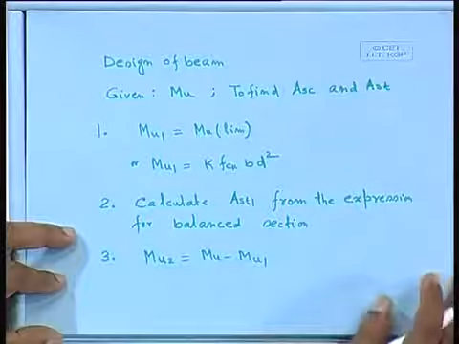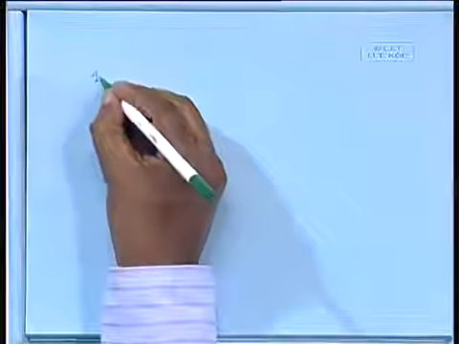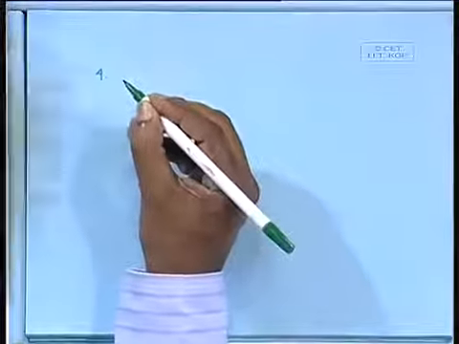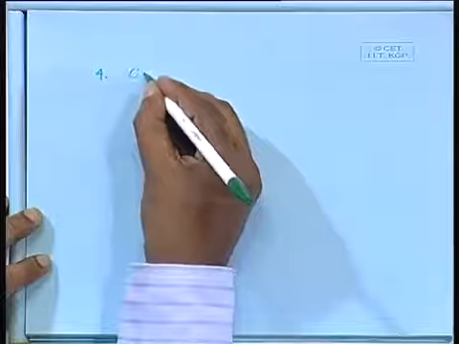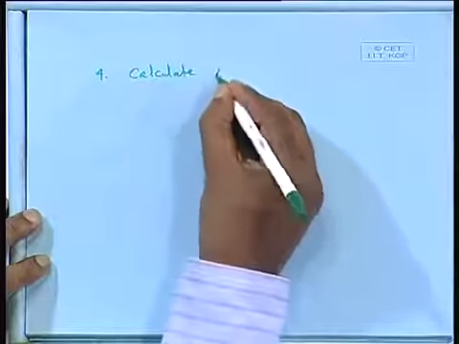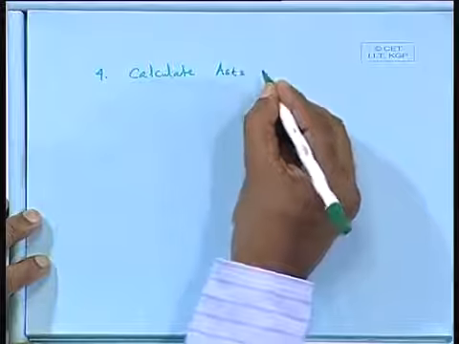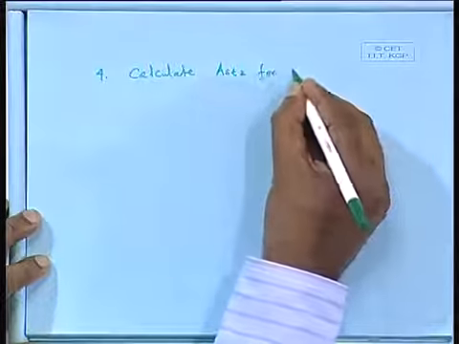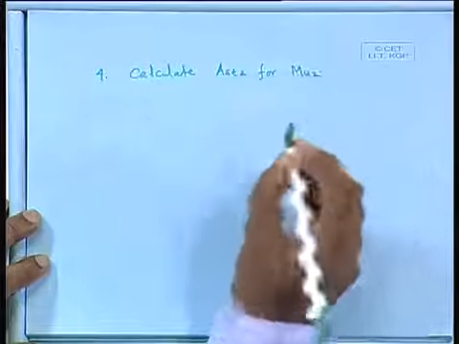We can write down the next page, I think. Number 4, calculate Ast2 for Mu2.